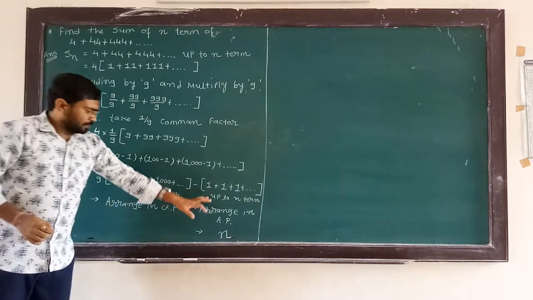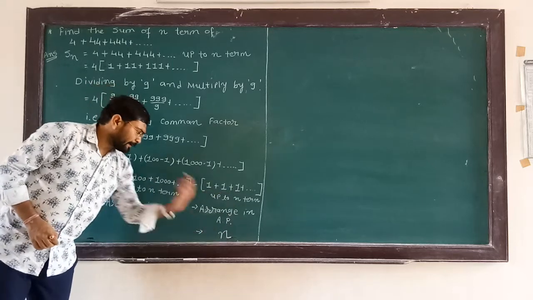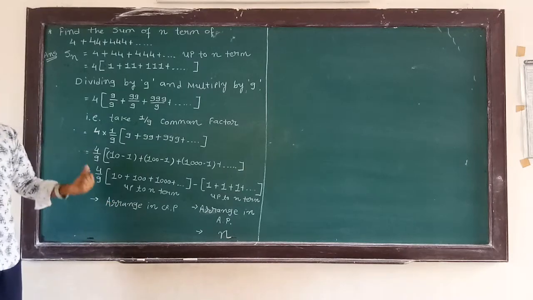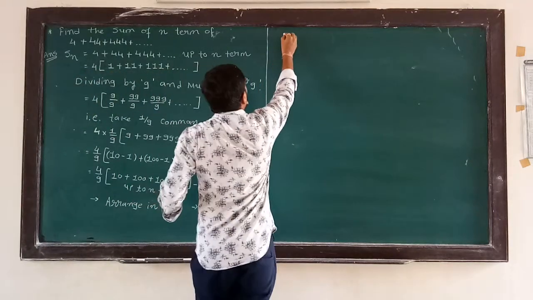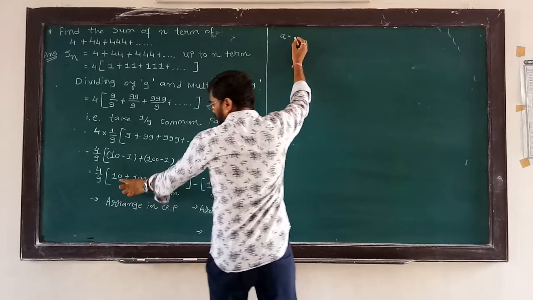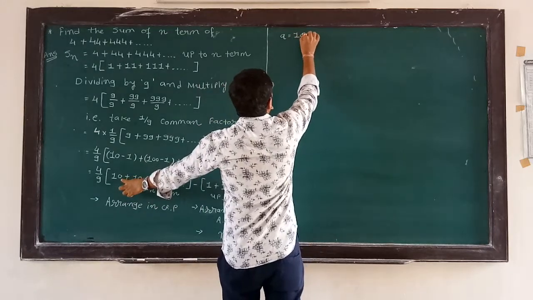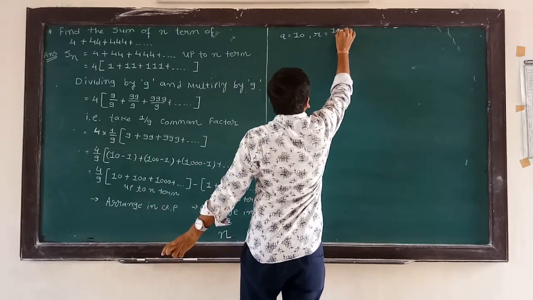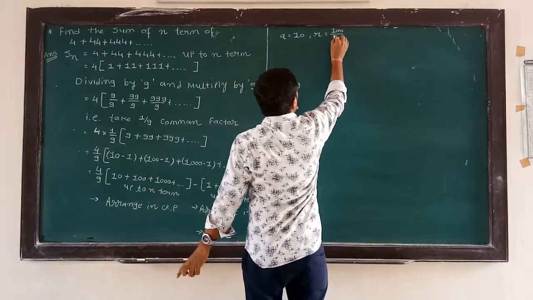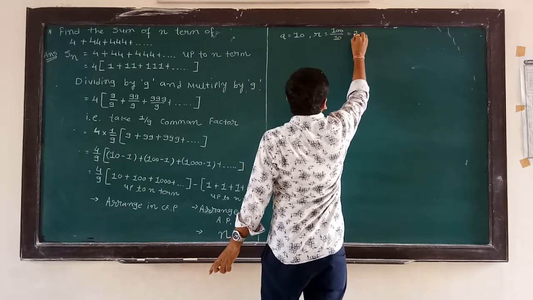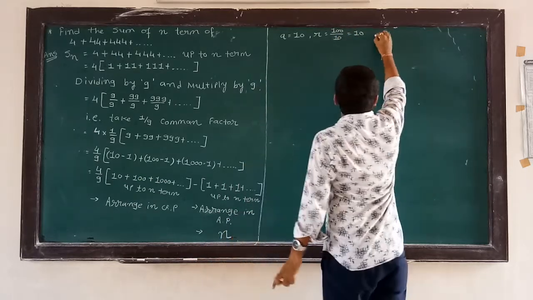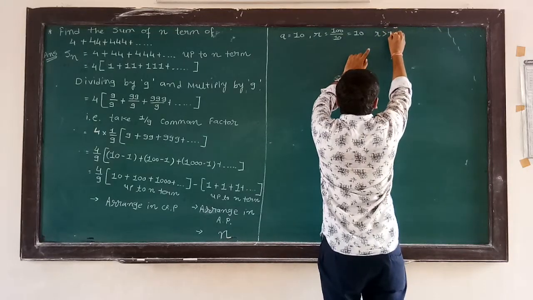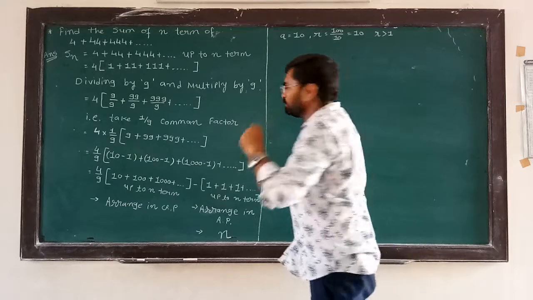Now stop these steps here and take the GP formula and take the sum. Here A is equal to the first term, 10. R is equal to the second term 100 upon the first term 10, which is equal to 10. Here R is greater than 1.